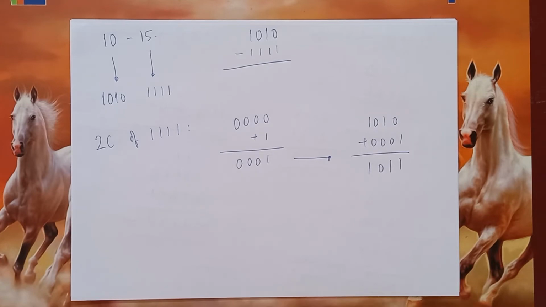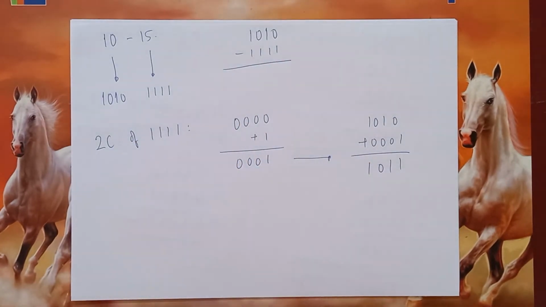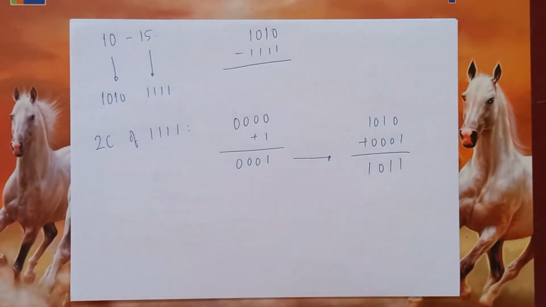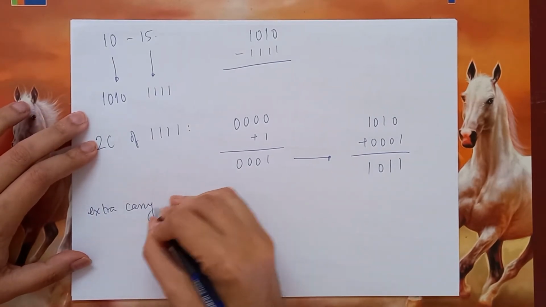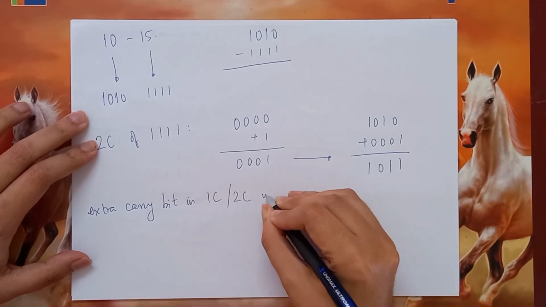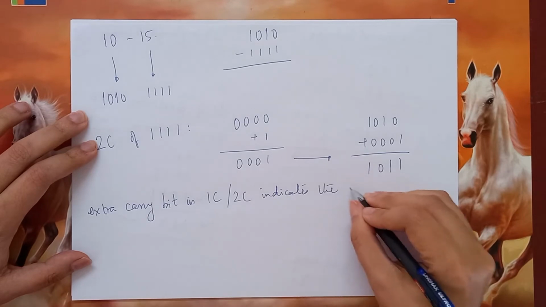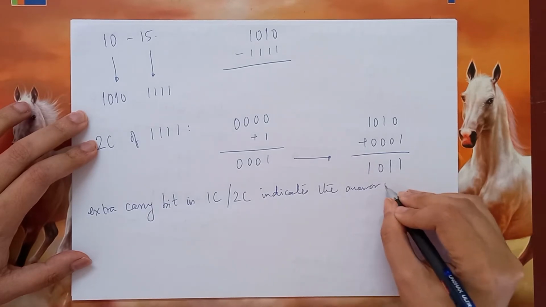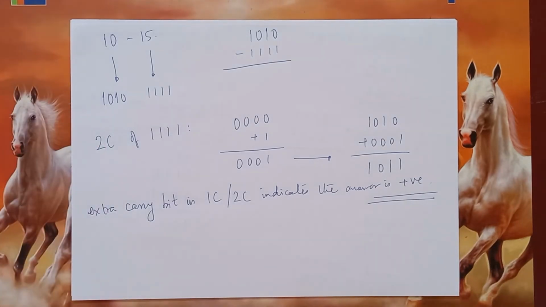So therefore, both in case of 1's complement and in 2's complement, that extra carry bit indicates that the answer is positive. This is very, very important.